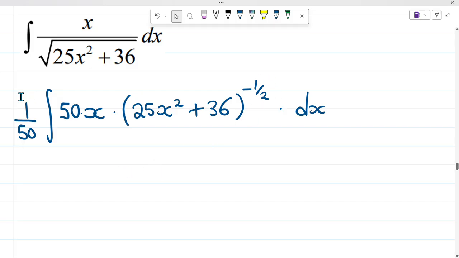And you shouldn't forget to take whatever is outside the integral with you to the answer. So that 1 over 50 will go with you to the answer.